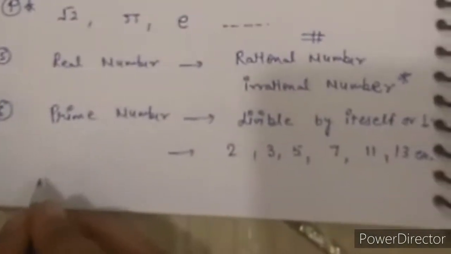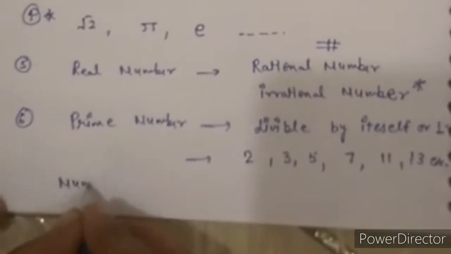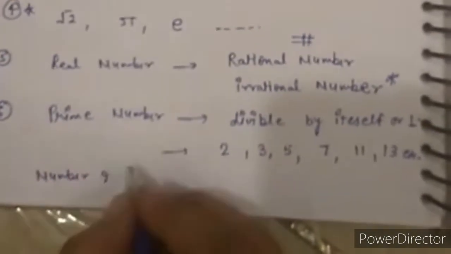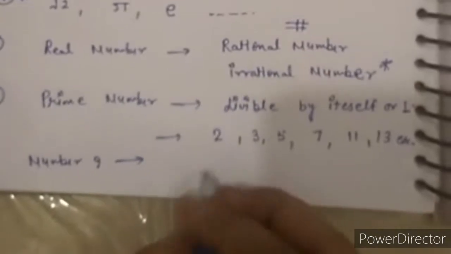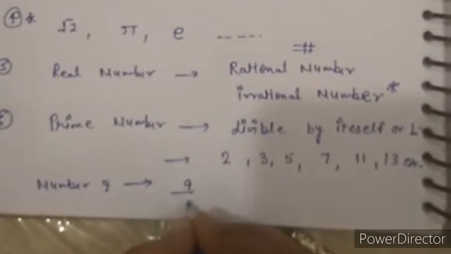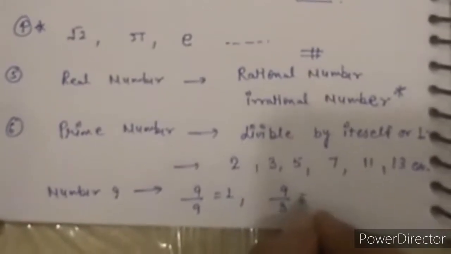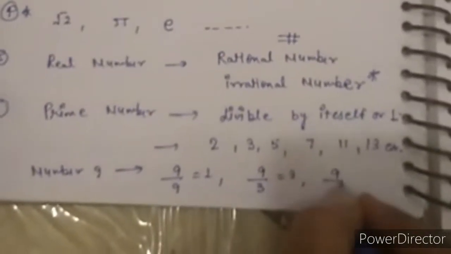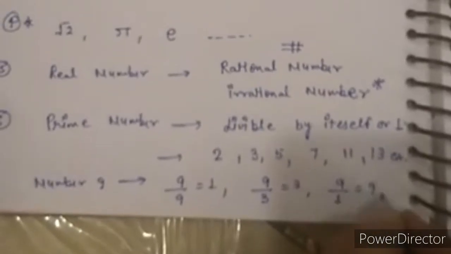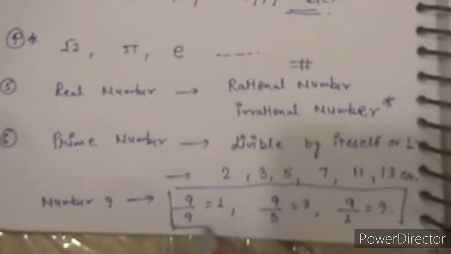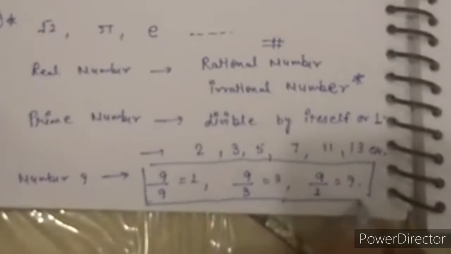Can you tell me whether the number 9 is a prime number or not? No, 9 is not a prime number because 9 is divisible by 9, 9 is divisible by 3, 9 is divisible by 1. So it has more than 2 divisors, meaning 1 and the number itself.